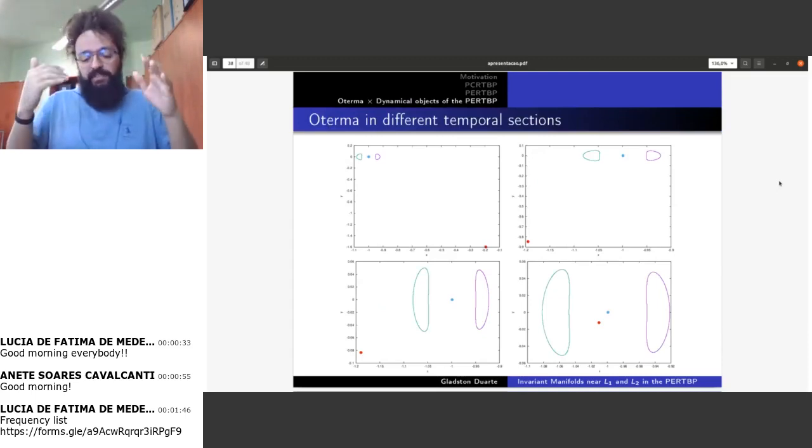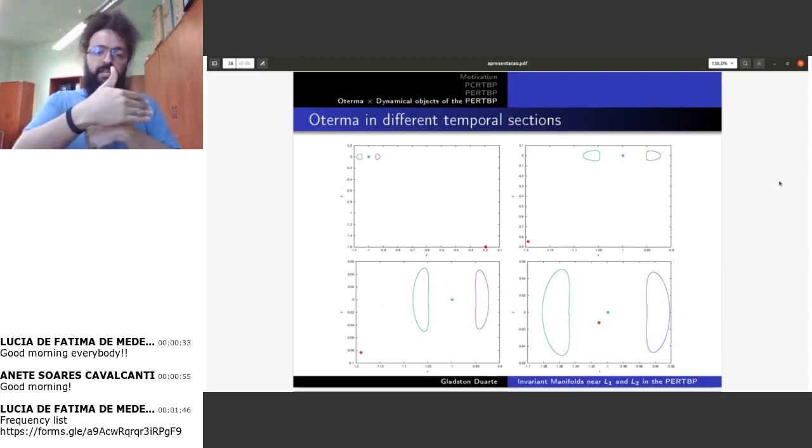Okay, so we have defined 4 time sections, 0, pi over 2, pi, and 3 pi over 2. In these 4 time sections, Oterma is here, here, here, and here.